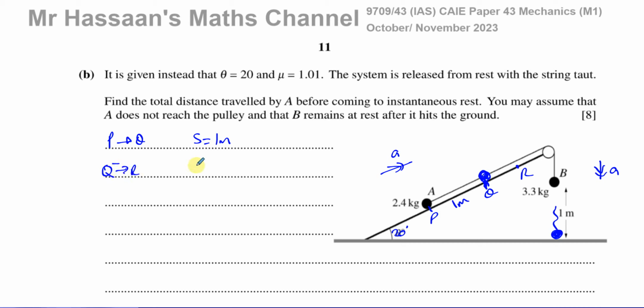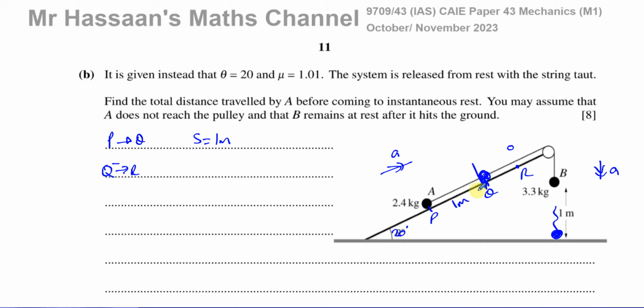So what we need to find is the speed of the particle A when it reaches Q. That will be the initial speed of the particle A once it goes past Q, when the string becomes loose, and once B has hit the ground. And then the final velocity will be 0. So we know that the distance traveled is 1 meter, but we need to find what velocity it's traveling at the point when B hits the ground.